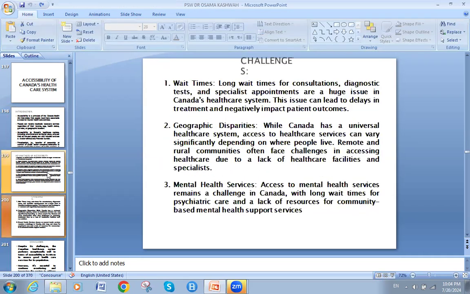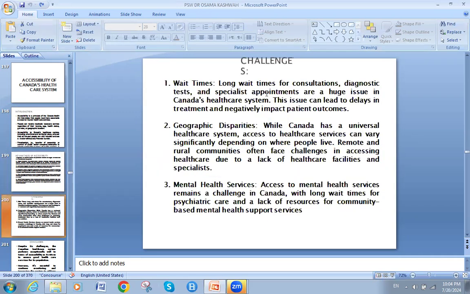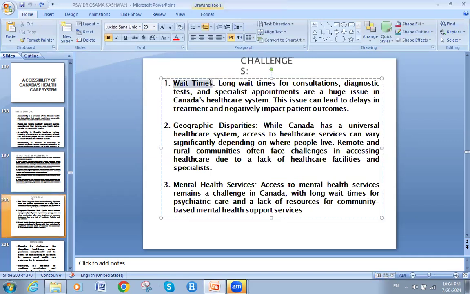The challenges of the Canadian healthcare system: long waiting times. There is disparity based on geographic area because Canada is a very large country.